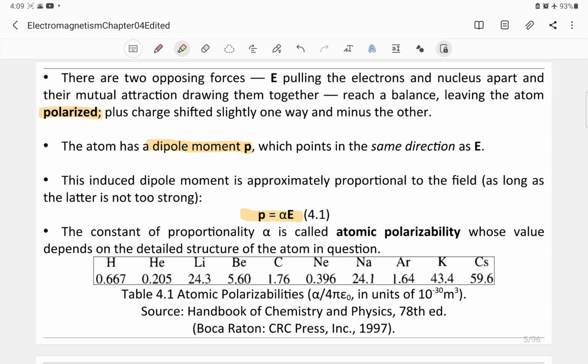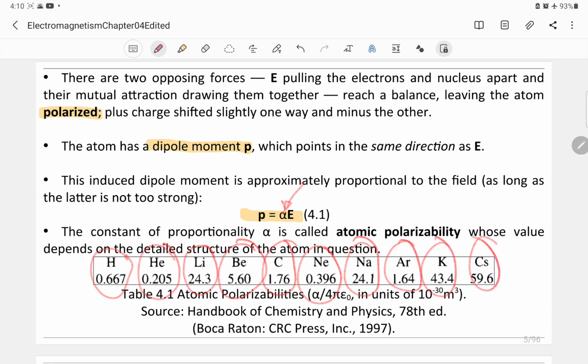By the way, your alpha here is called the atomic polarizability, and it depends on the structure of the atom. Say for example, you have the atomic polarizability for hydrogen, for helium, for lithium, for beryllium, for carbon, for neon, for sodium, for argon, for potassium, and for cesium.